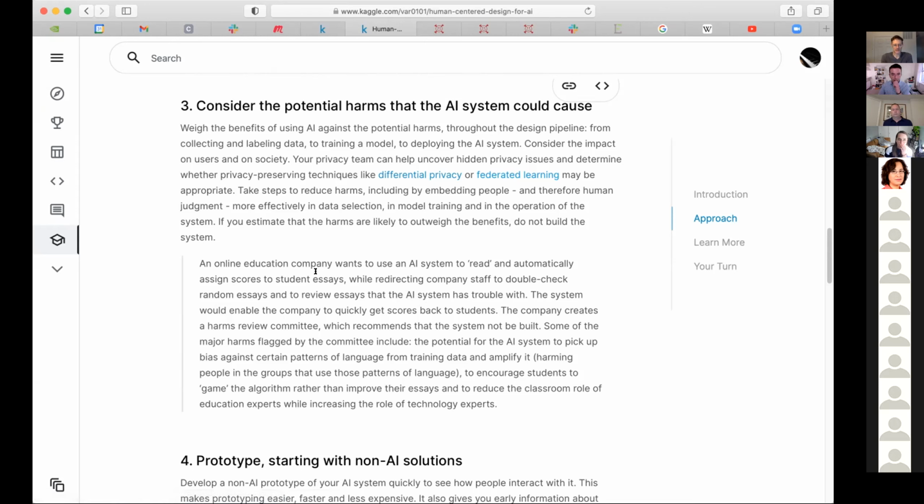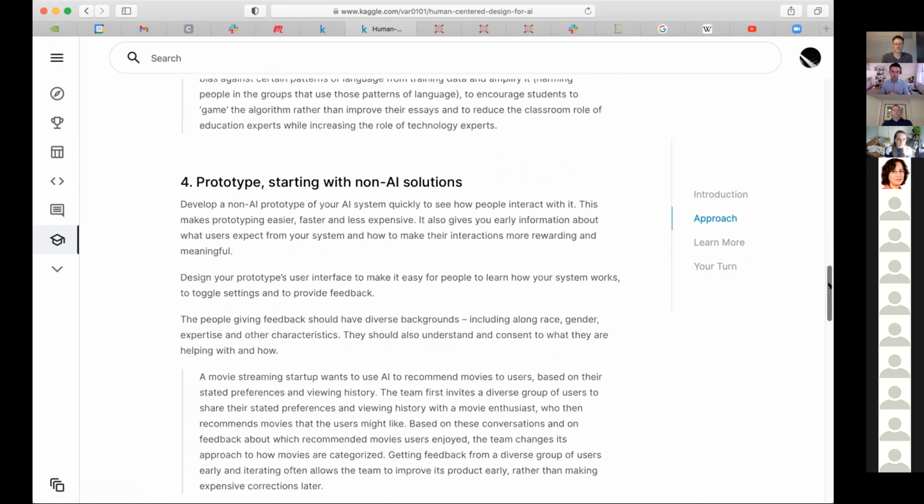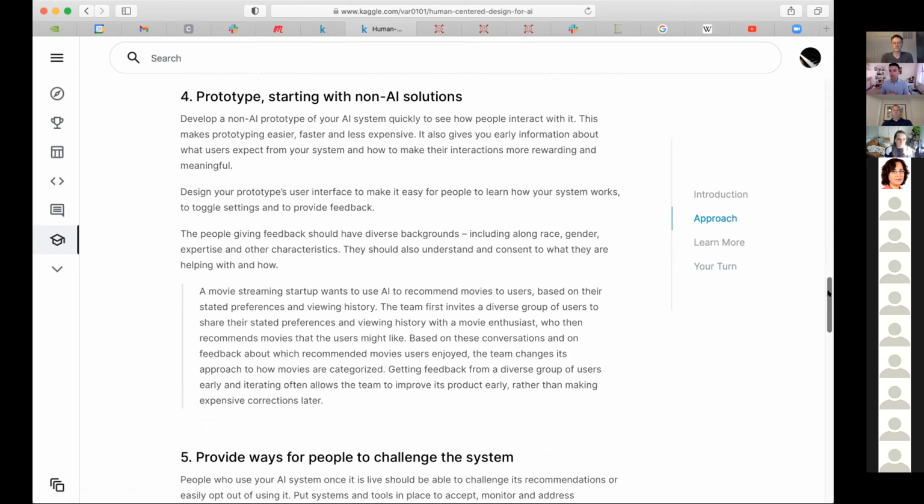And the example they give here is an online education company that may want to use AI to score essays, but there are some potential issues noted here, such as the potential for the AI system to discriminate against certain types of language. That was an interesting example to me, right?